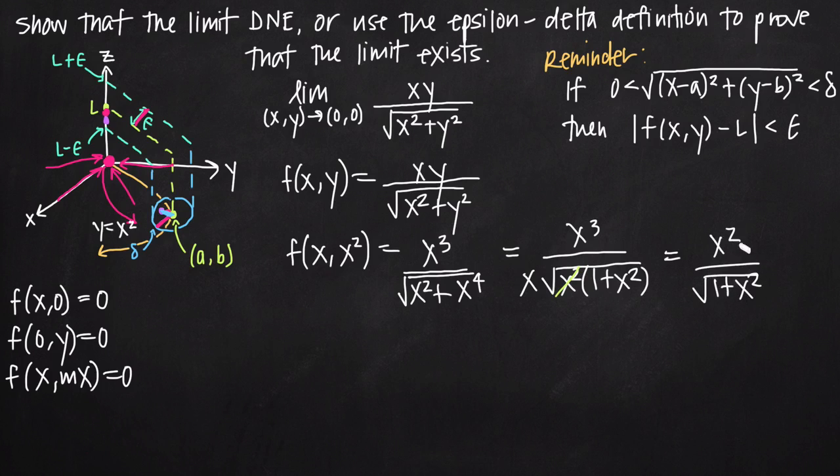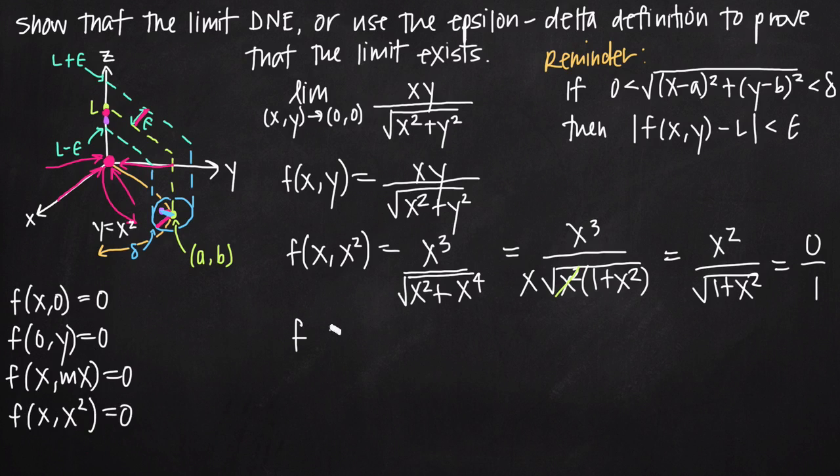And here now when we plug in 0 for x, because we're approaching the point 0, 0, we get 0 in the numerator, and in the denominator we get the square root of 1 plus 0, or just the square root of 1, or 1, and that's equal to 0. So we say that f of x comma x squared is equal to 0.